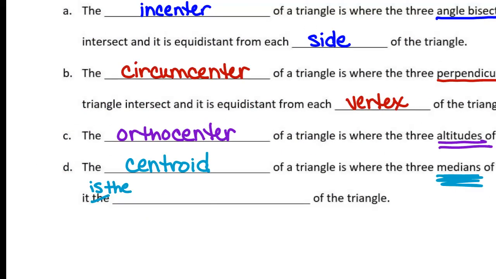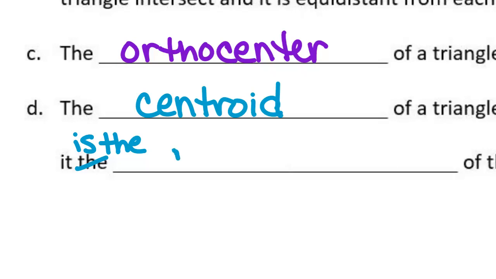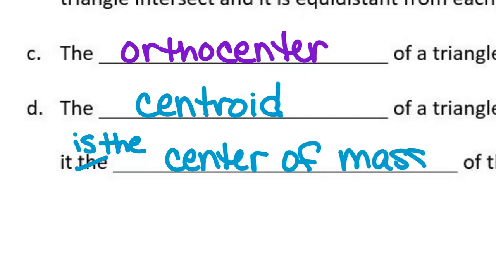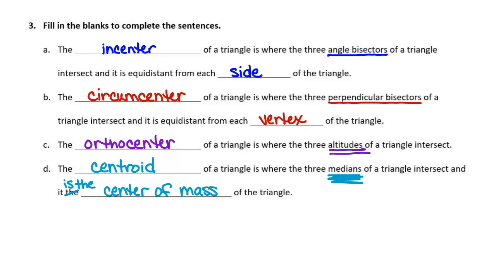The centroid is where the three medians intersect, and it is the center of mass of a triangle. That means if I found the centroid, I could balance it on the point of my pen. If I put my pen up against the centroid, the whole triangle would balance on that one point.